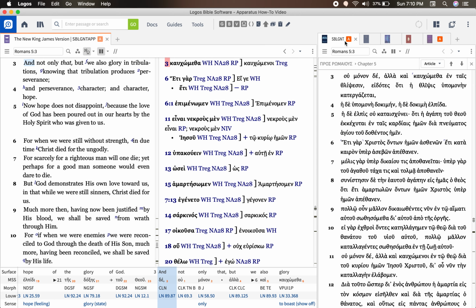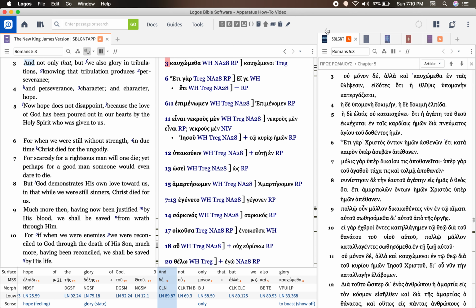Before, you would have to link all your resources together, using these little letters A, so everything scrolls together. Well, in this parallel window, I don't have to do that. All of these that are marked A are linked to these two windows. And so here I have my English text, which is the New King James Version. That's my preferred Bible. And then over here, I have the actual text of the SBLGNT apparatus.